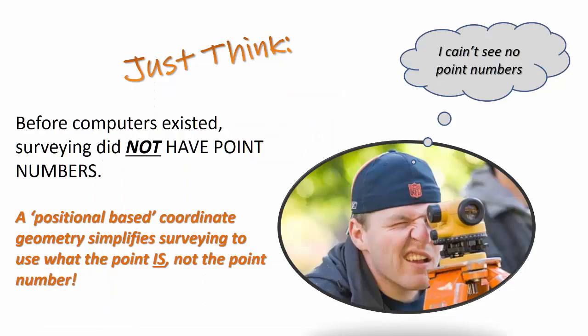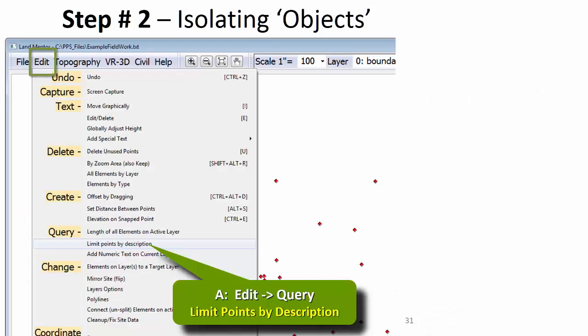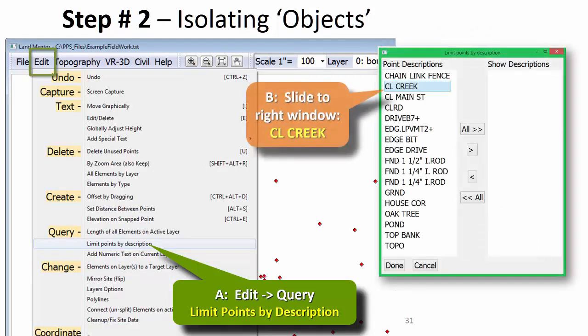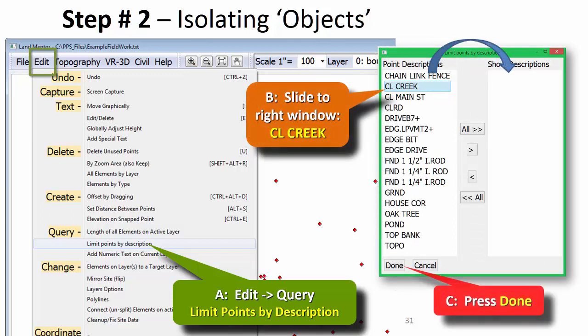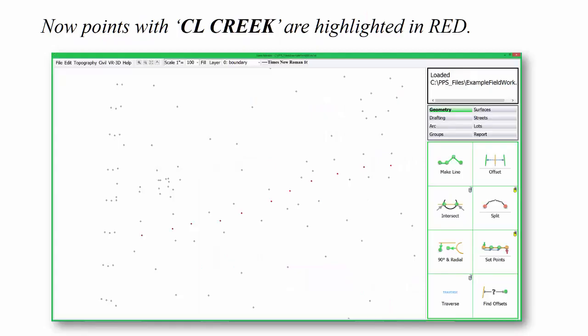Just think, there are no point numbers in this world. That was something that was created in the 1970s. What matters is the point description. So under Edit, you would use Limit by Description, and you would move from the left window to the right window the point descriptions that you want to use, and hit Done. Those would show up in red.